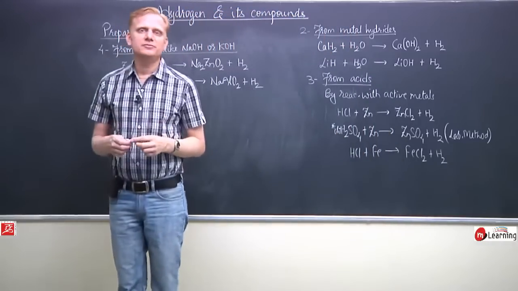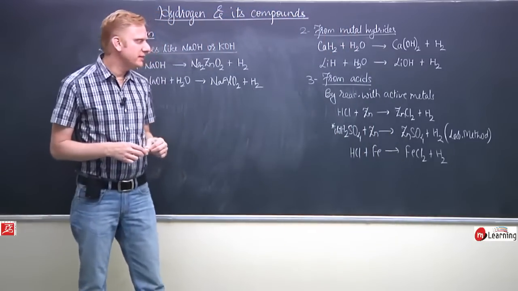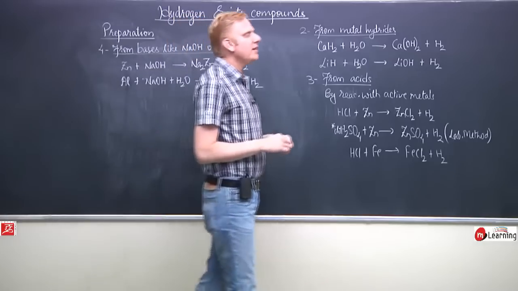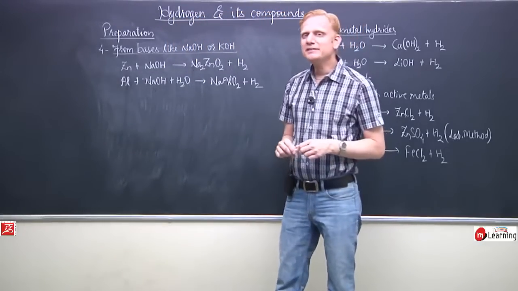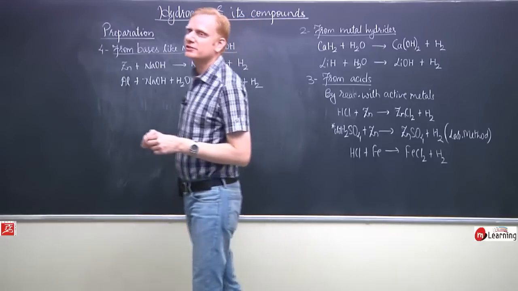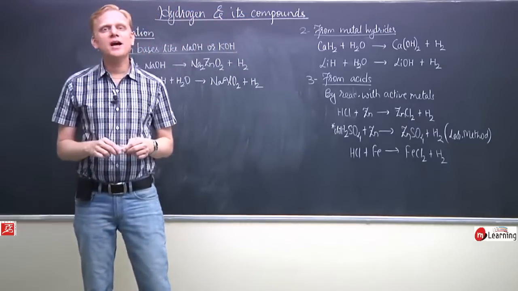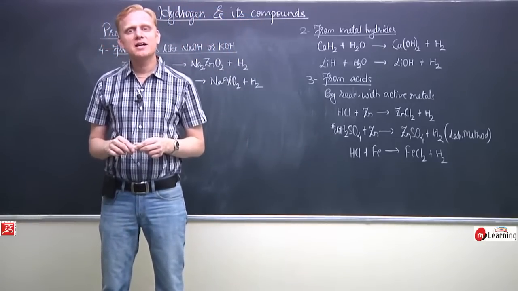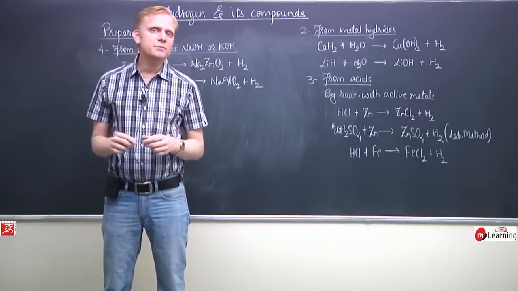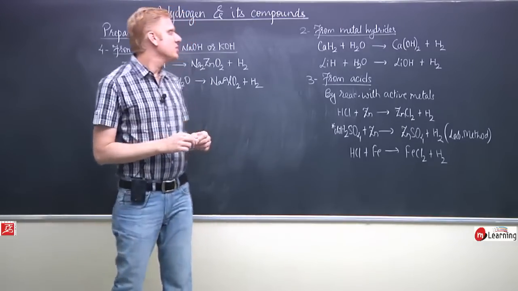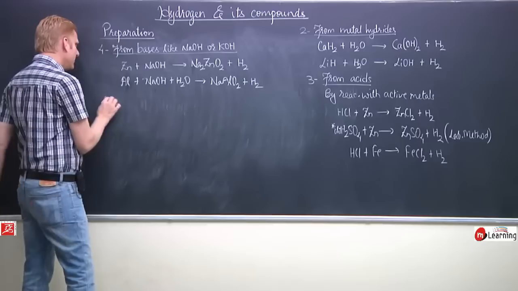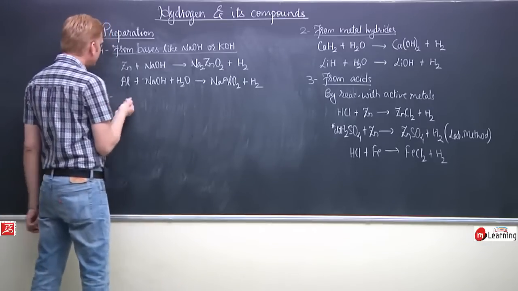On large scale, that means commercially, hydrogen gas is obtained by the method in which water is allowed to react with carbon. In this process we get hydrogen and carbon monoxide. So that is the industrial method of preparation of hydrogen.